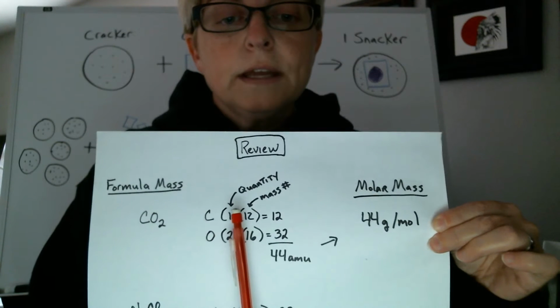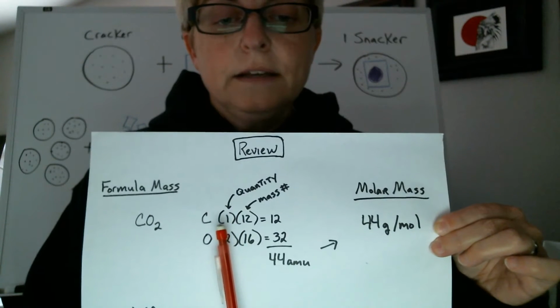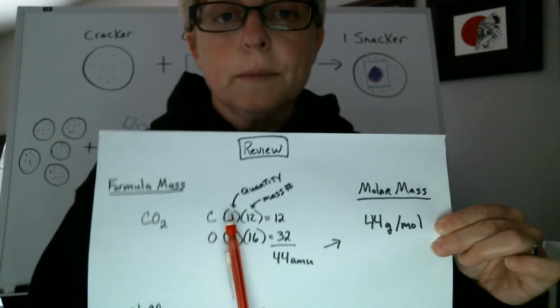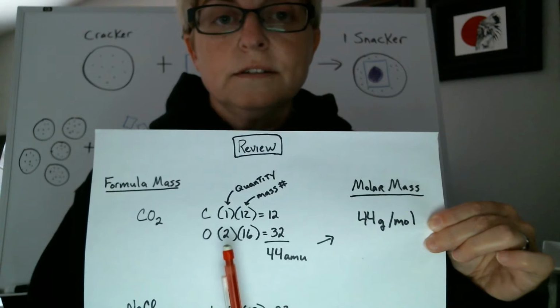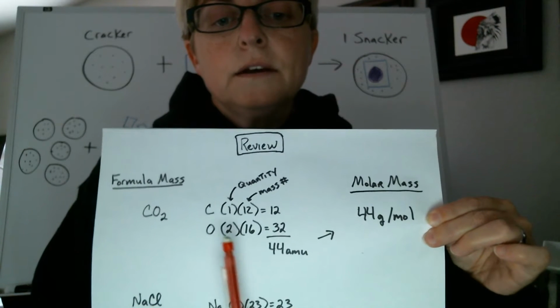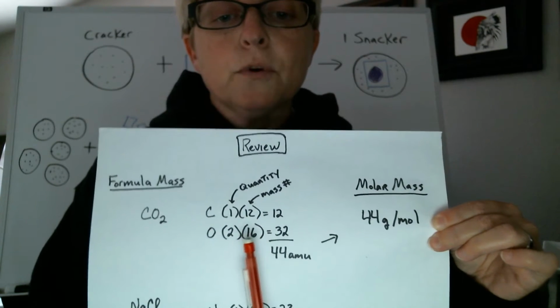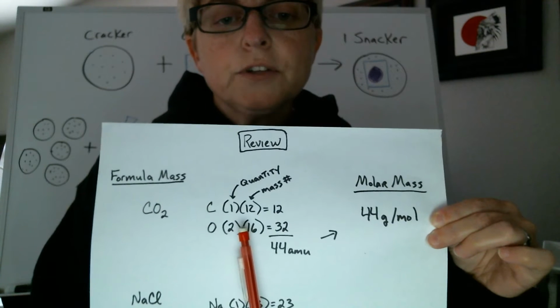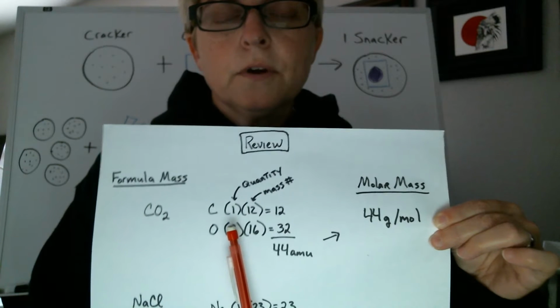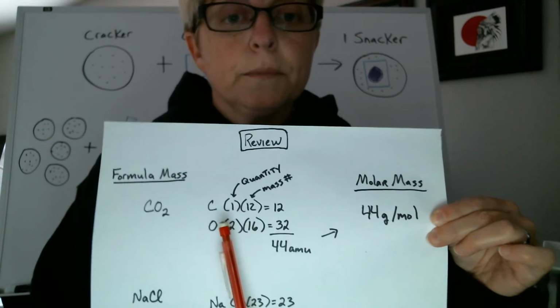Then we take the quantity of each. I have one carbon, and in carbon dioxide I have two oxygens. Then we multiply by the mass number, which you would get from a periodic table. I have my students round the mass number to the nearest whole number.